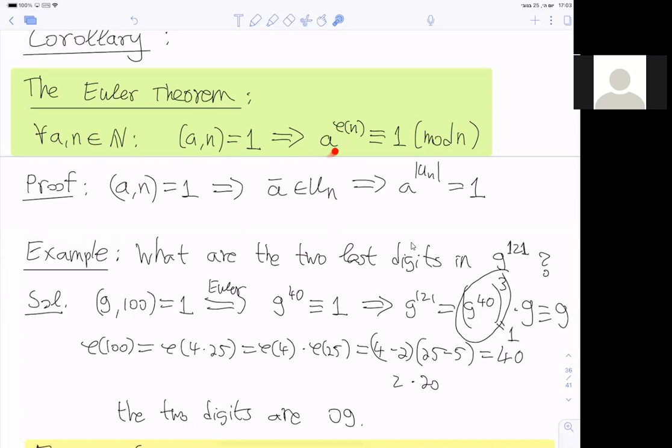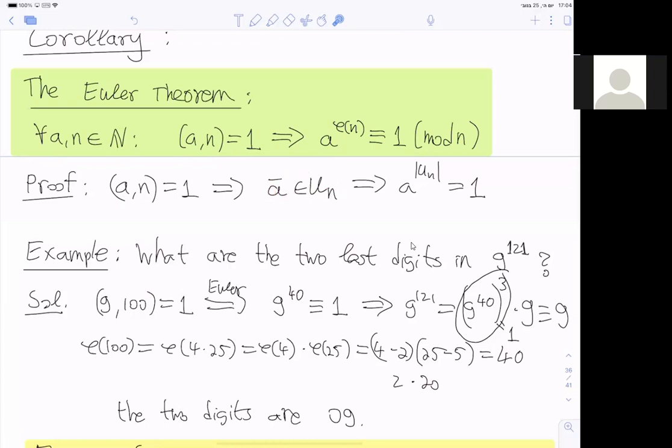So if A is prime to n, its congruence class belongs to Un, or in other words, A is invertible with respect to multiplication. There is another B, or maybe A itself, such that A multiplied with B is 1 modulo n. So it belongs to the Euler group.